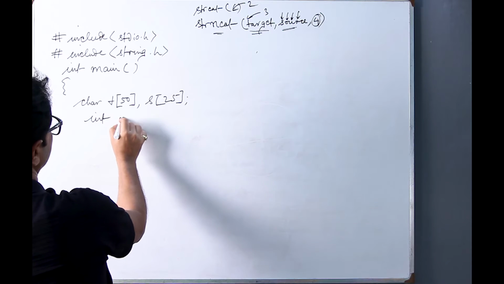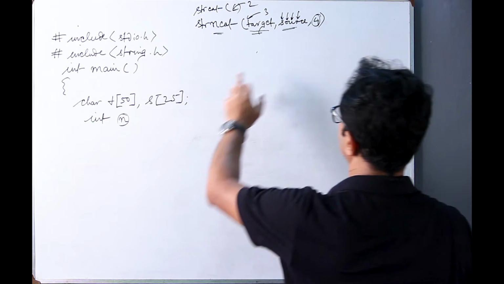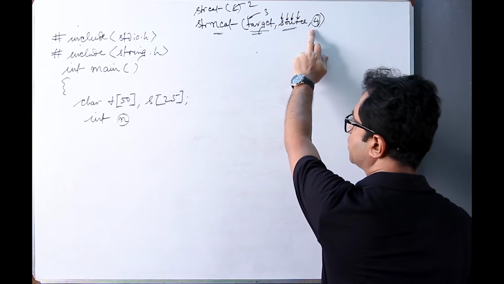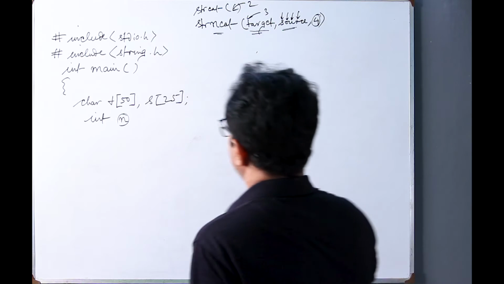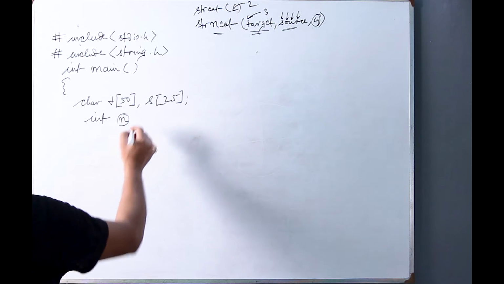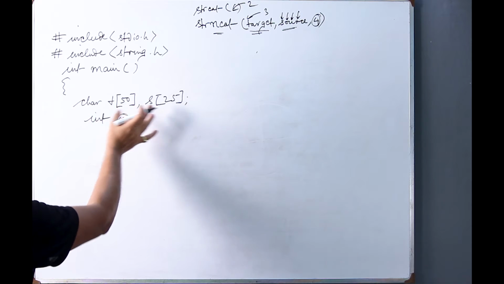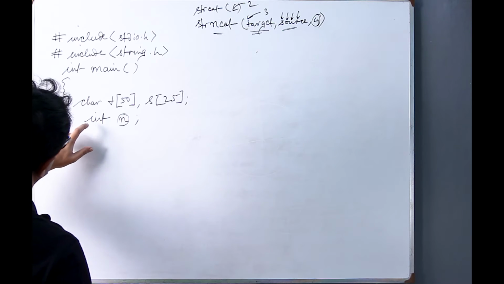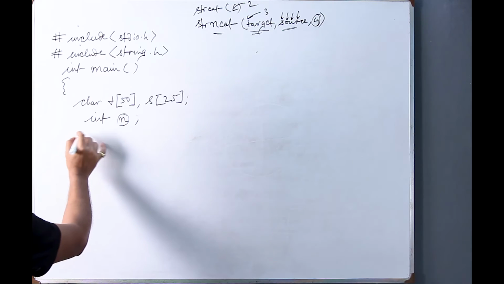Int n should be the number which is to be supplied by the user, which will be applied as the third argument, or third parameter, to the strncat function. So there are 3 variables declared in the main section: 2 strings and 1 integer variable.